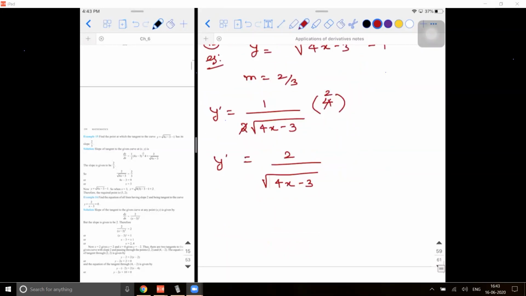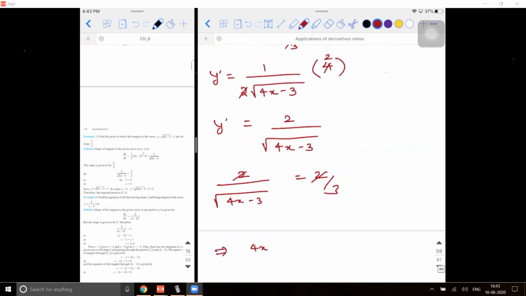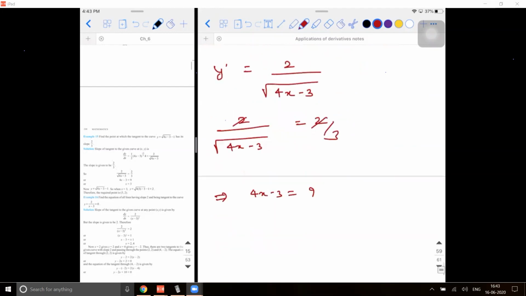So what am I supposed to do now? I've got the slope. I should equate the slope to 2 by 3. So 2 and 2 will get cancelled, which implies, squaring on both sides, 4x minus 3 will be equal to 9, which implies 4x will be equal to 12, x will be equal to 3. So when the x coordinate is 3, how do I find the y coordinate?